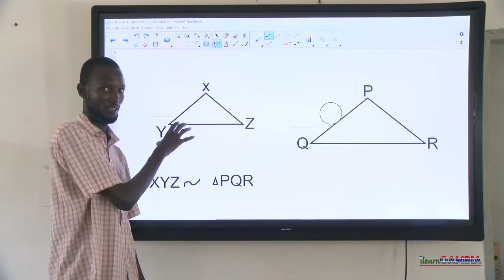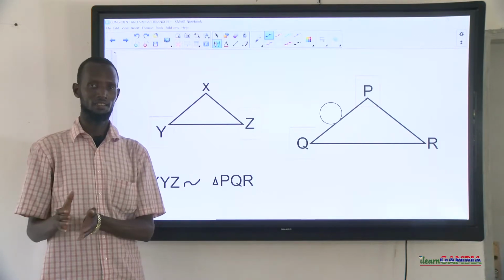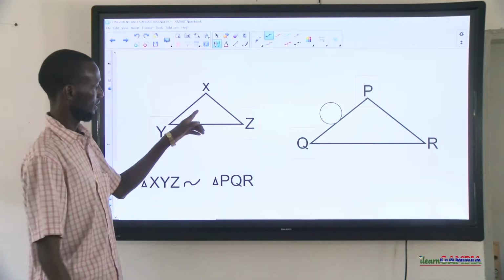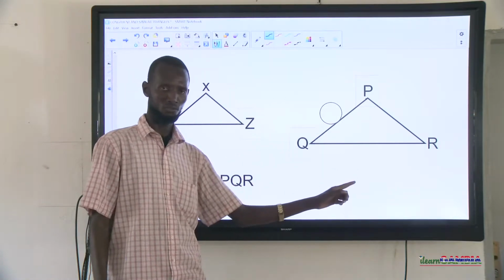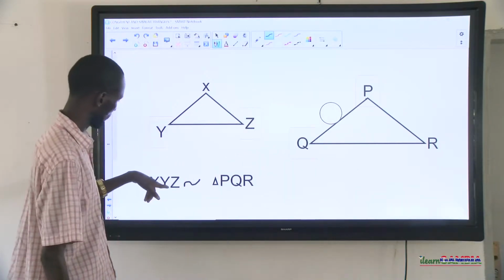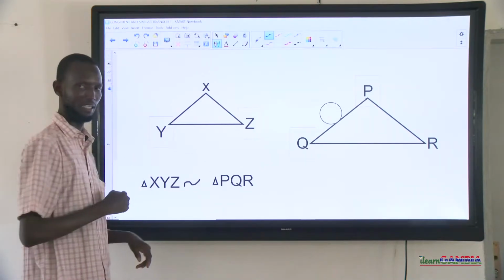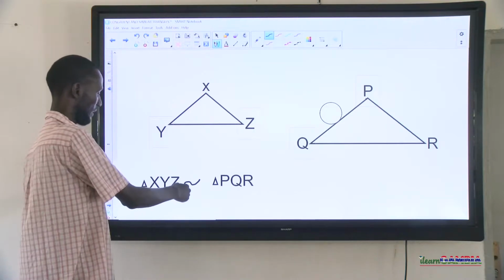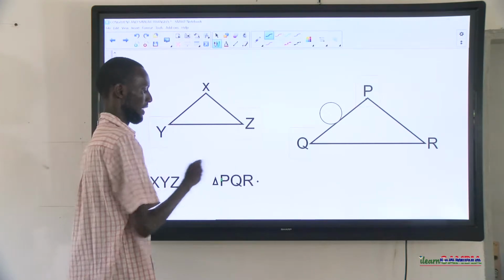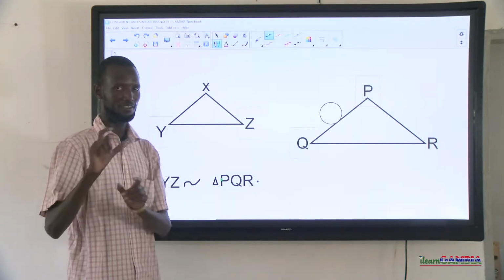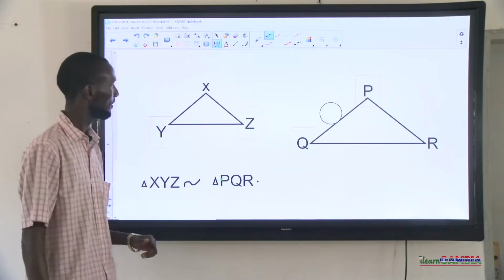So they have the same shape, but their sizes differ, therefore these two triangles are similar triangles. We can write that as triangle XYZ, with the symbol for similarity, triangle PQR. That means triangle XYZ is similar to triangle PQR.